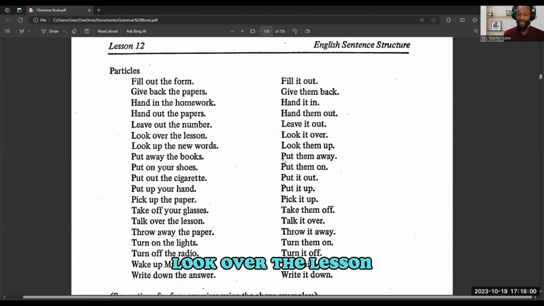Look over the lesson. Look over the lesson. Look it over. Look it over. Look up the new words. Again, look up the new words.